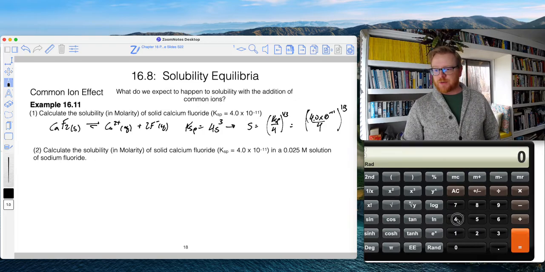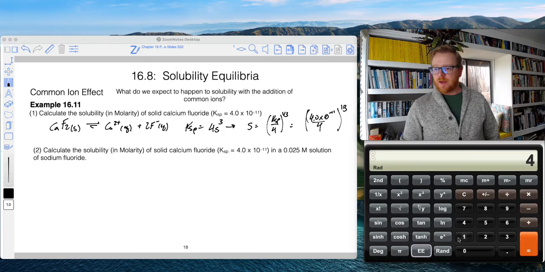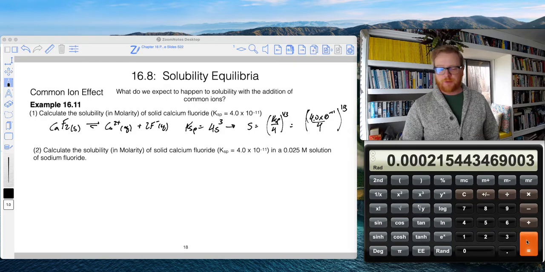So let's do that. So that's going to be 4 times 10 to the minus 11. And so I want to divide that by 4 first. Then I want to take that to the 1/3 power. Okay.